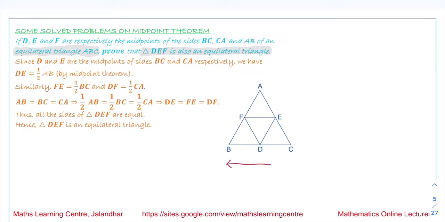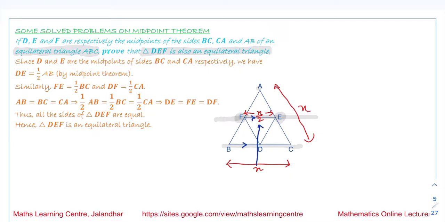If the length of BC is x, then the length of FE is x by 2. F is the midpoint of AB, E is the midpoint of AC. So by the midpoint theorem, these two sides are parallel, and the length of this is half of this length.